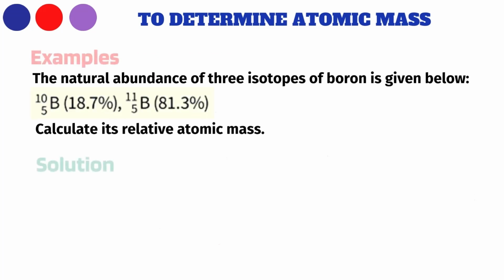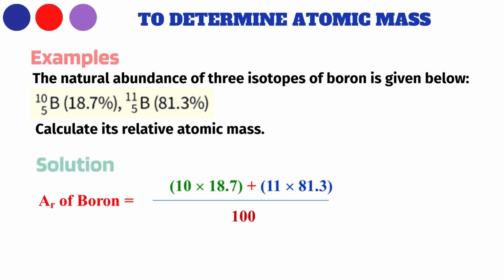Now this question is related to the relative atomic mass of boron from its isotopic masses and natural abundance. So try it out. Pause your video for a few minutes and then watch again. Hopefully you have calculated the correct relative atomic mass of boron.